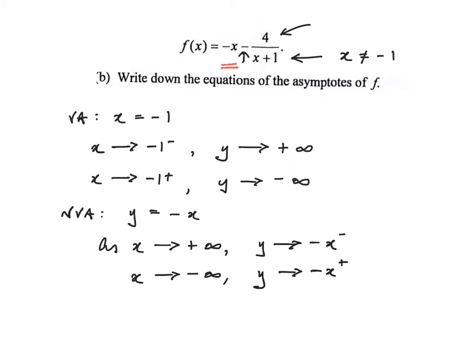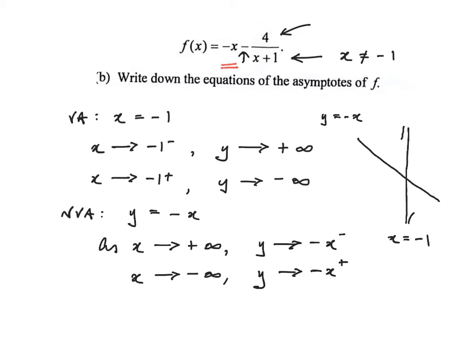So we can actually make a sketch. Here's the line x equals minus 1, and here is the line y equals minus x. So to the left of minus 1 we have a large positive value. To the right of minus 1 we have a large negative value.